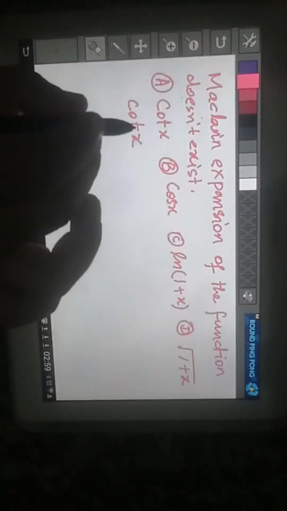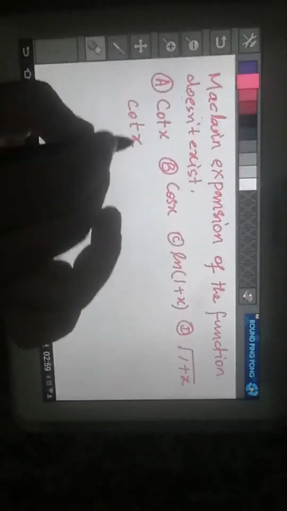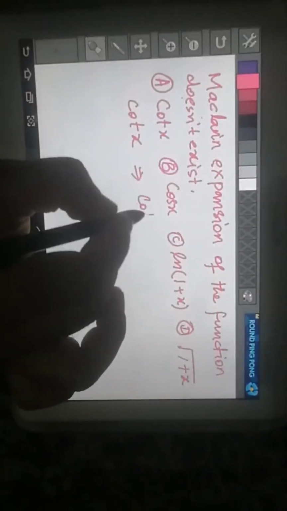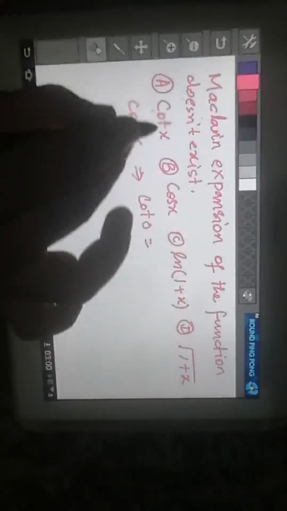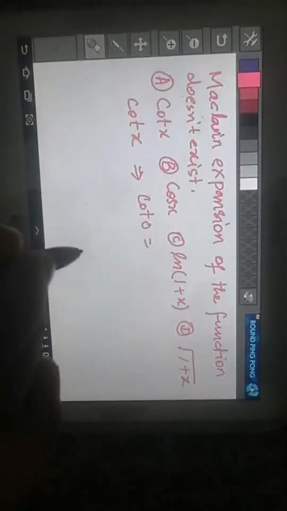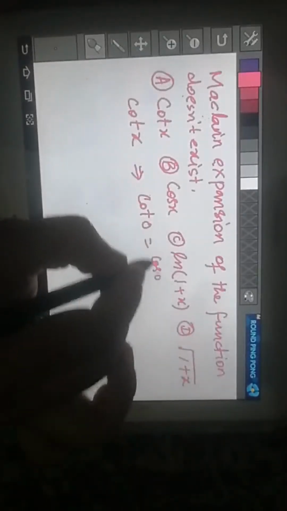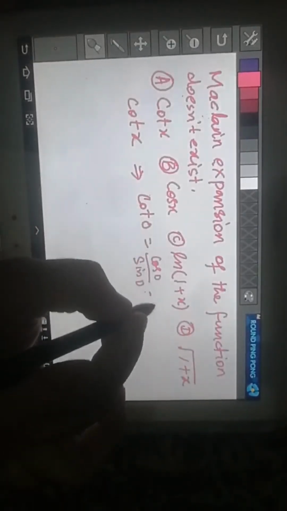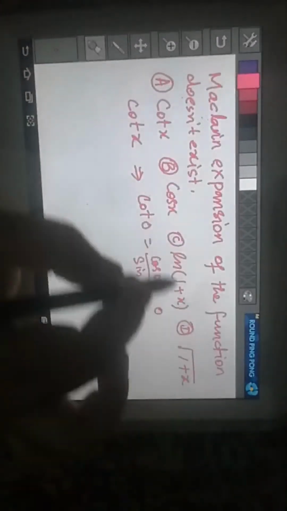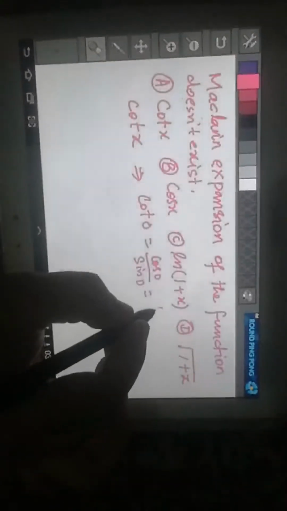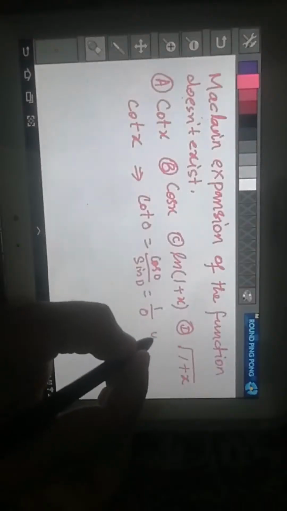Then the Maclaurin series of a function exists. If we talk about this, then cotangent of zero, if we evaluate it, let us do that. Cotangent of zero is cos zero by sine zero. Cos 0 is 1, sine 0 is 0, 1 by 0 is undefined.